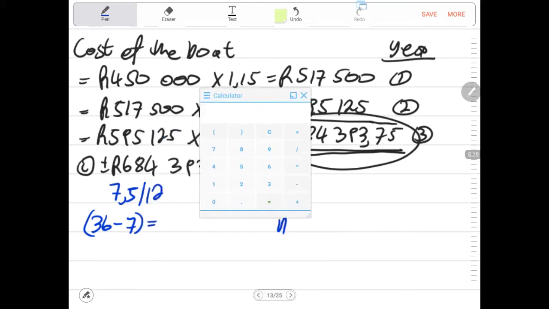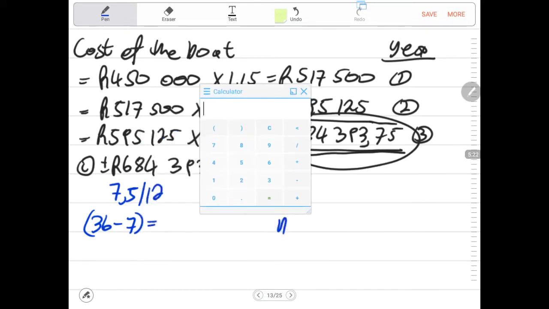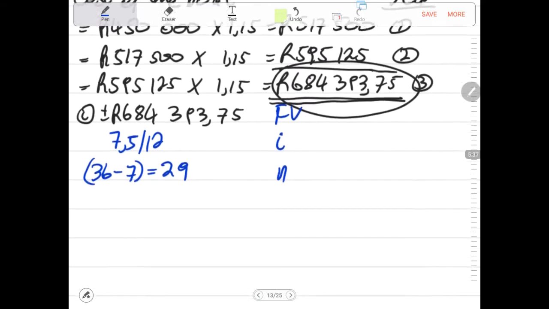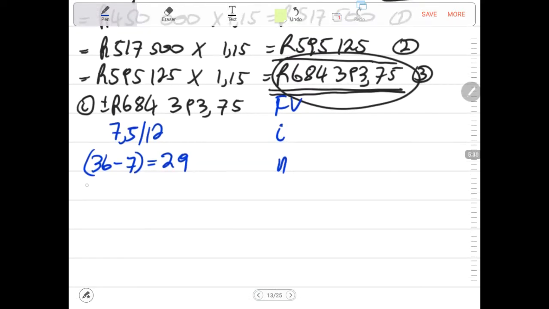So we always deduct the month before the first payment. 36 minus 7, that means Jack is going to start making payments from month number 8 for 29 months. So N is the number of payments.